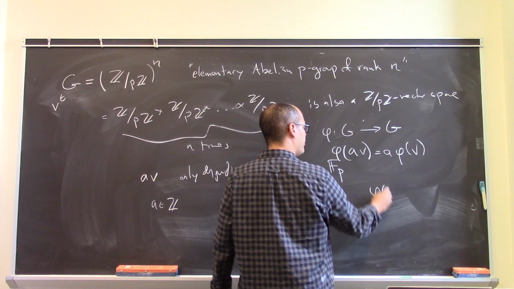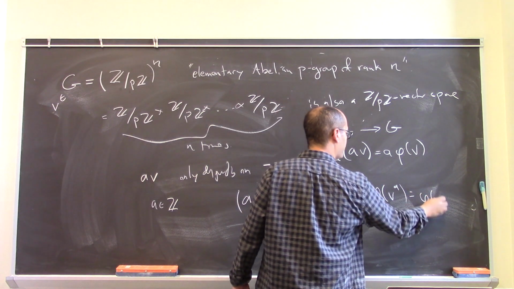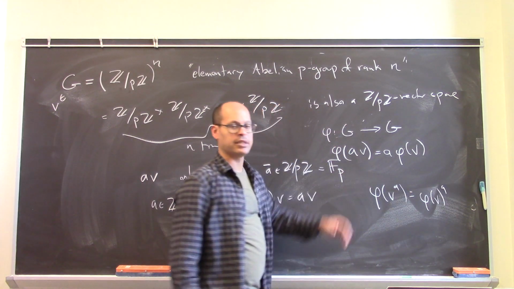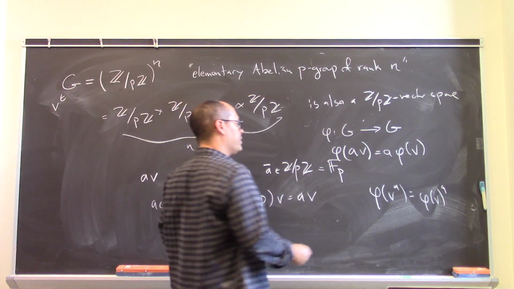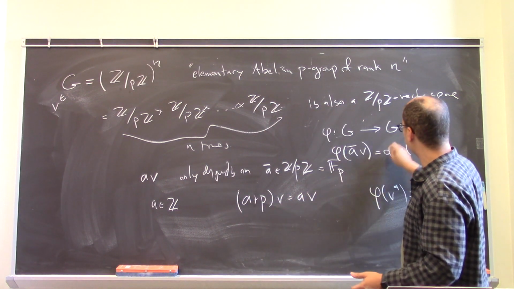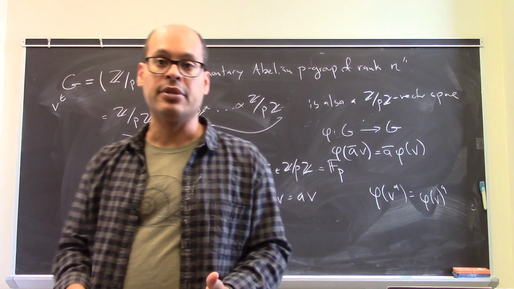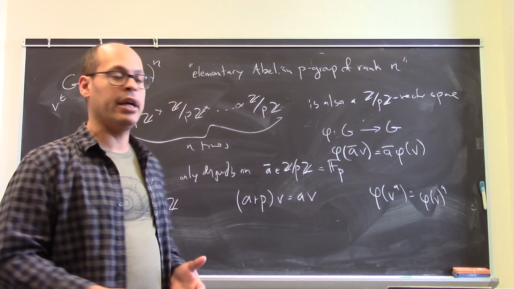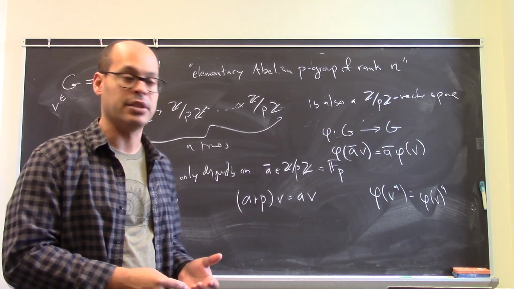If I write this multiplicatively, it would be phi of v to the a is phi of v to the a, but I'm writing things additively. Well, that also means that because everything only depends on p, you can write it like that. And that means that every group homomorphism actually is a map of vector spaces, a linear transformation of vector spaces.